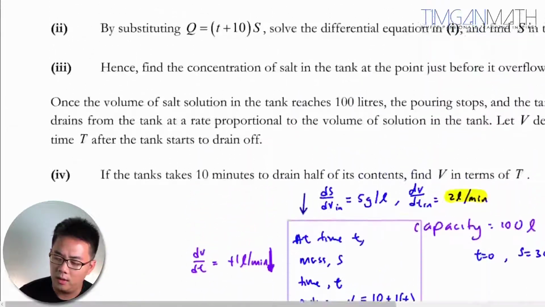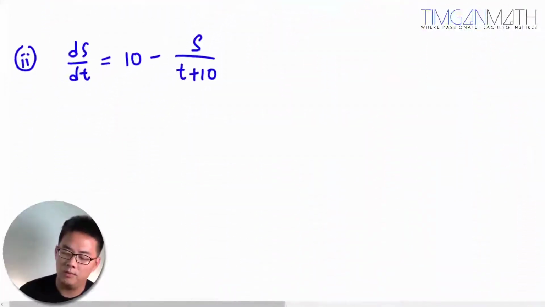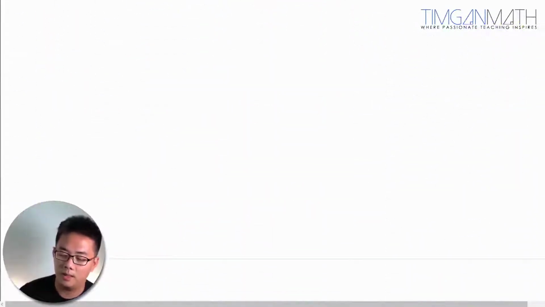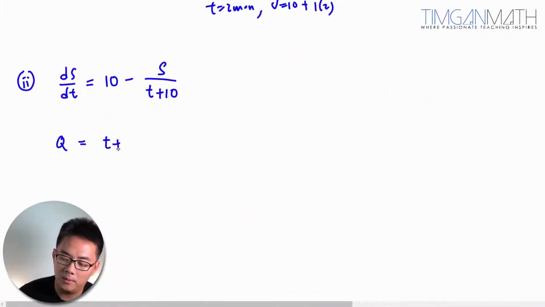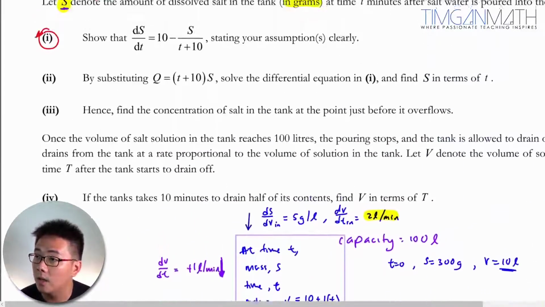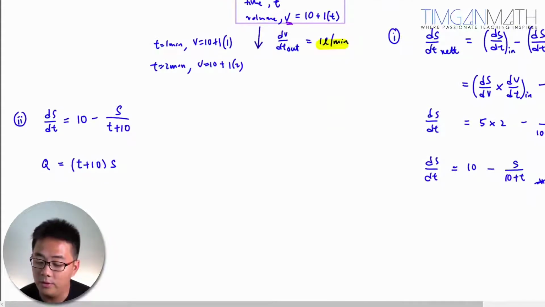Then you have another one, which is Q, by means of substitution: Q equals 10 plus t times S. So by substitution, it's okay. It's not very cheap, right?